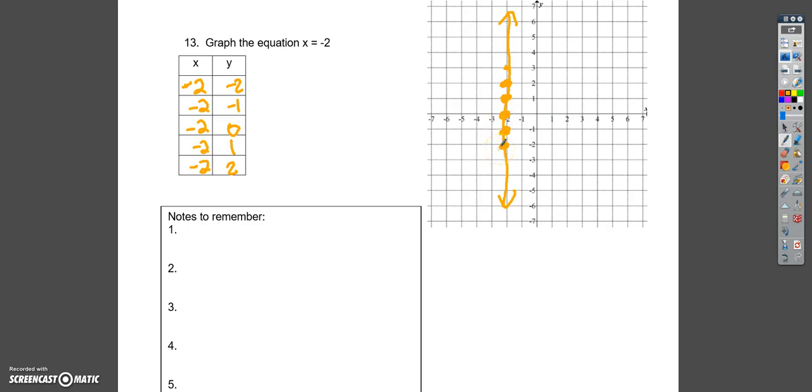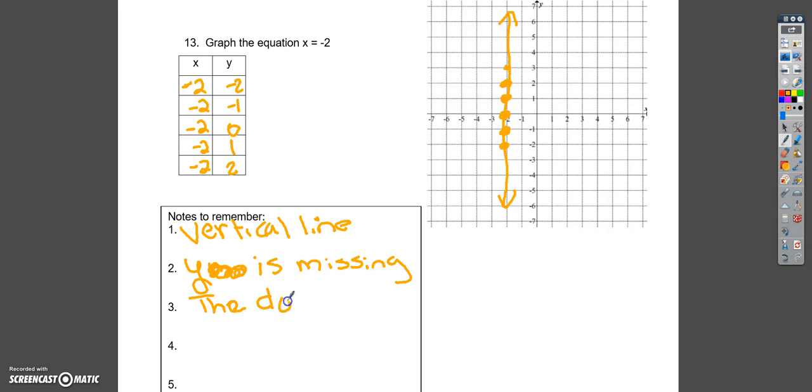So things that we need to remember on this one is it's a vertical line. We need to notice that the y is missing. We should notice that the domain, if we only have one place to draw a vertical line, is x equals -2.